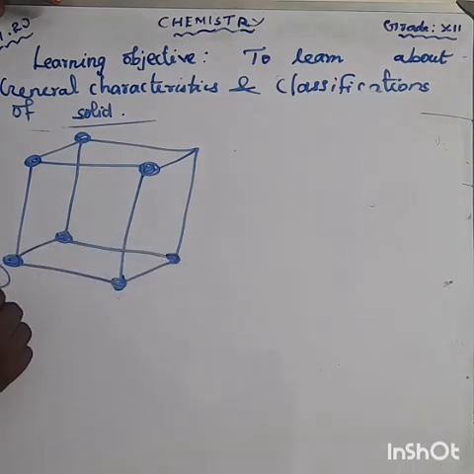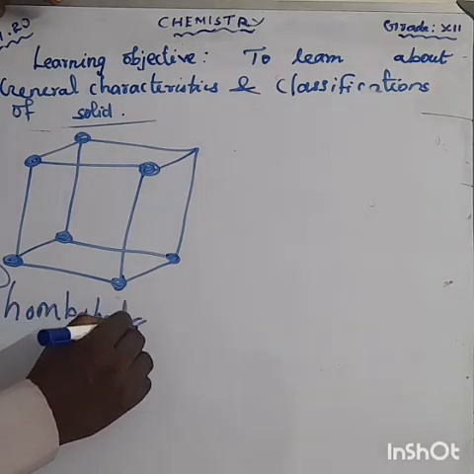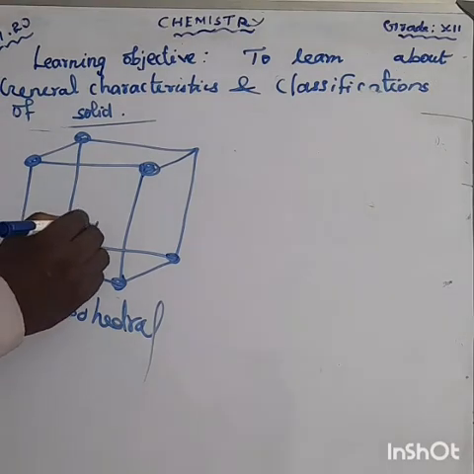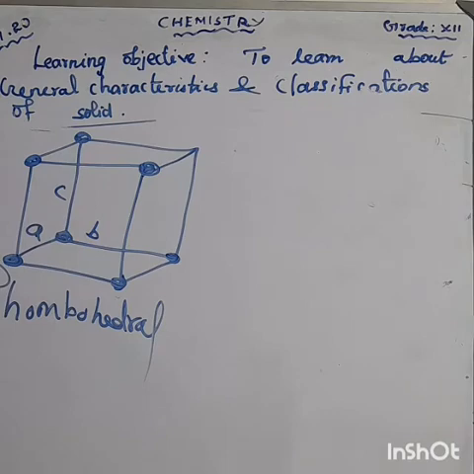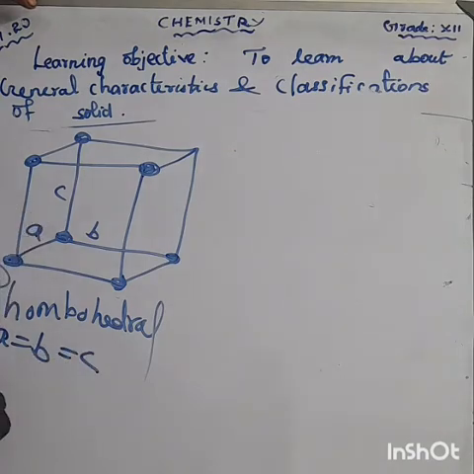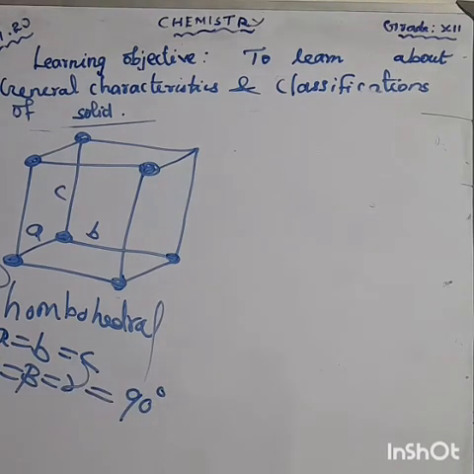Here A is equal to B is equal to C. That means alpha is equal to beta is equal to gamma, but it is not equal to 90 degrees. Don't forget that rhombohedral is not 90 degrees.